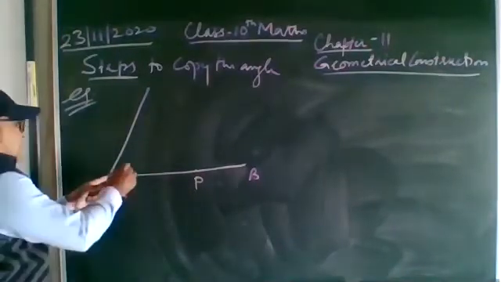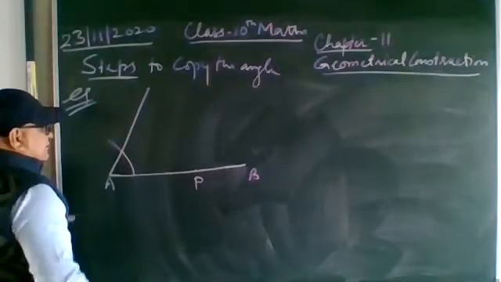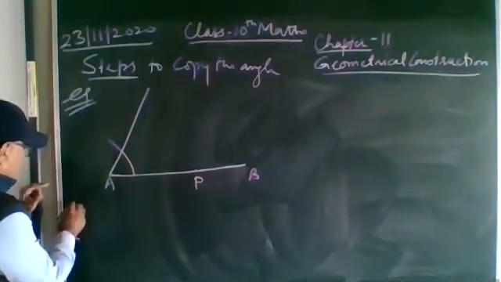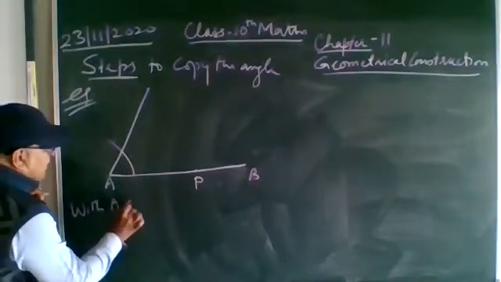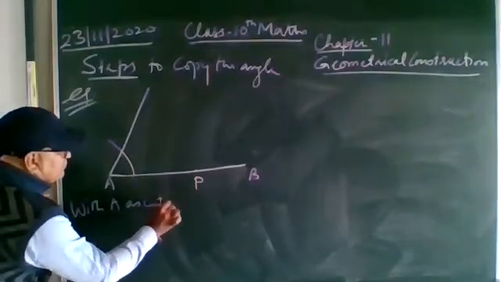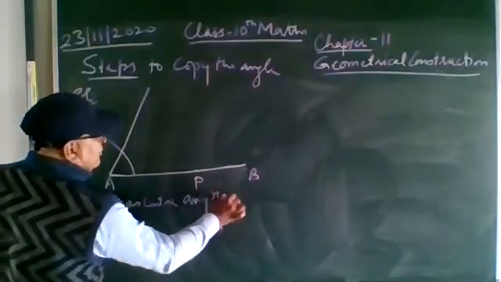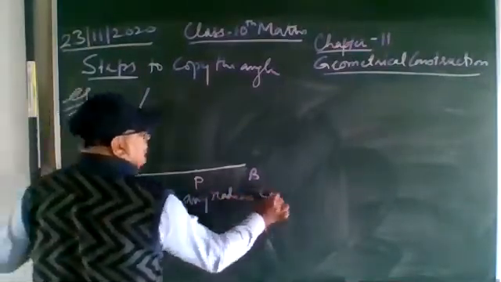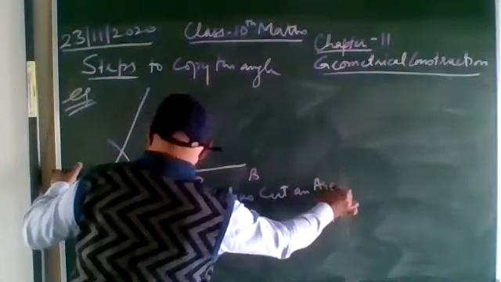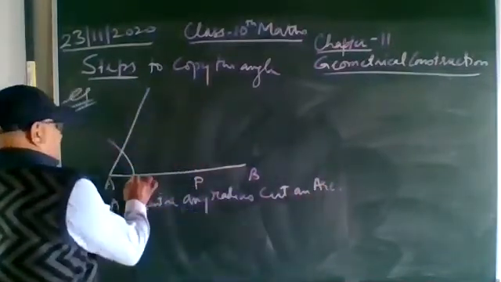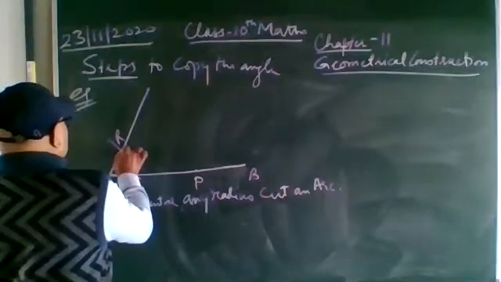Now what you will do is, with A as center and any radius, cut an arc. That is QR. This is QR.